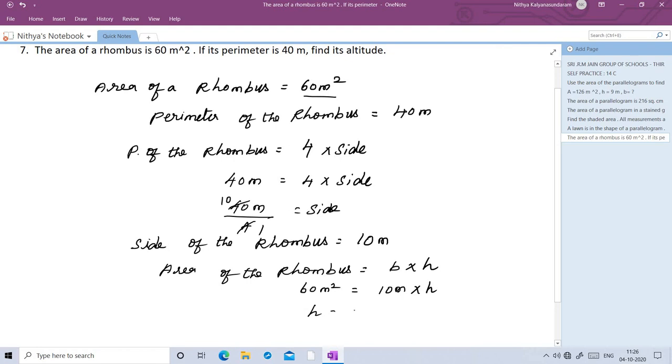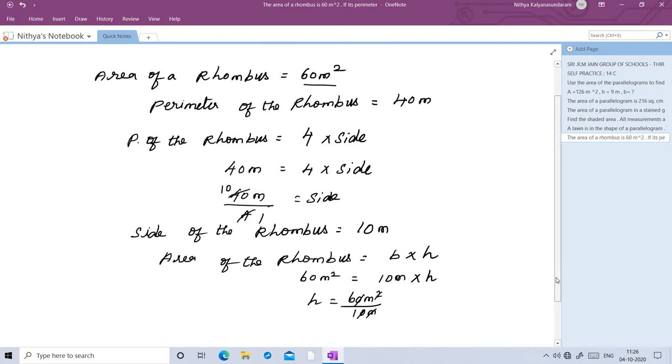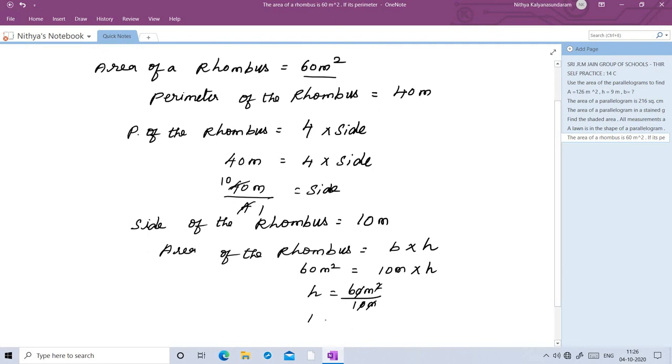So height is equal to 60 square meters divided by 10 meters, so the height is 6 meters. Therefore, the answer: altitude is equal to 6 meters.